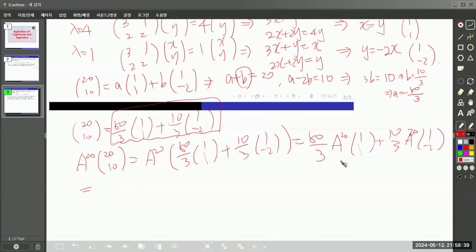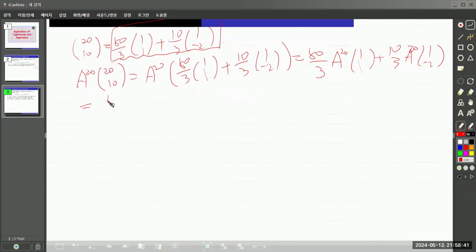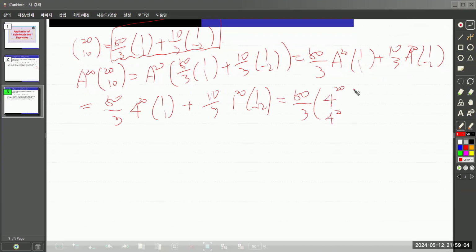Since these are eigenvectors, we can easily write this as 4 to the 20 times (1, 1), plus 10 over 3 times 1 to the 20 times (1, negative 2). So this is 50 over 3 times 4 to the 20 times (1, 1) plus 10 over 3 times (1, negative 2).